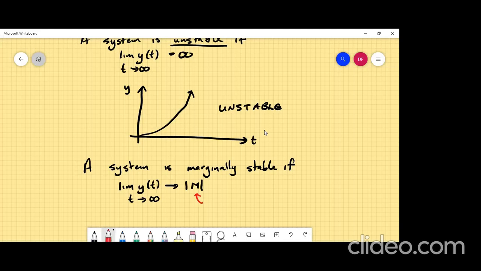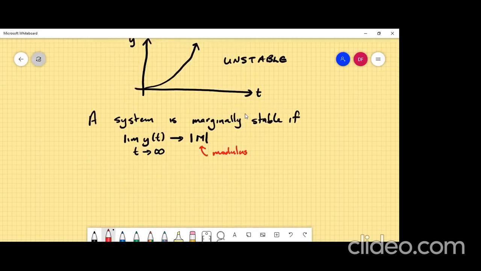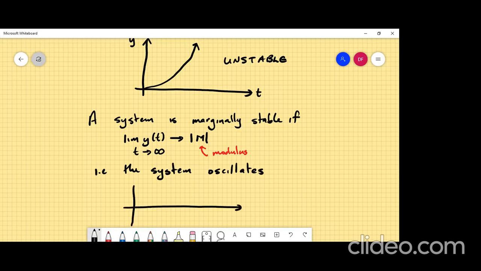So what do we mean by marginally stable? What it means is that the system oscillates. A marginally stable system is one that follows either the sine or cosine.